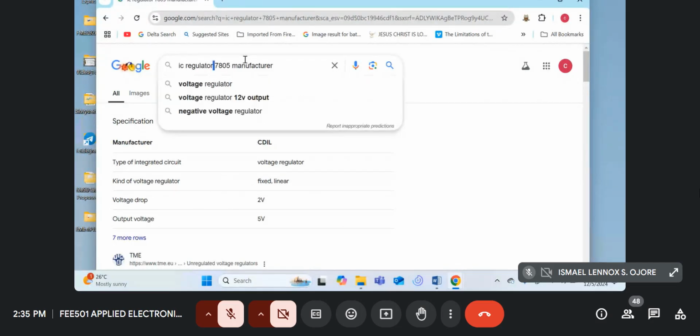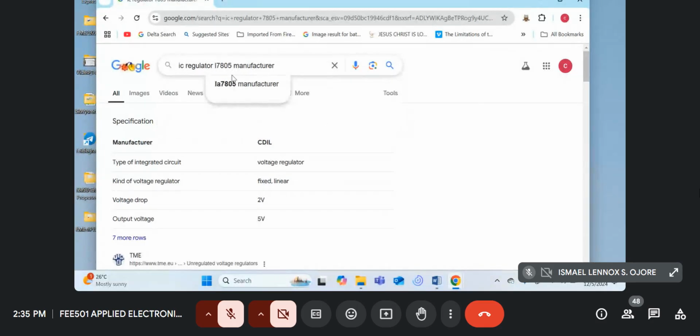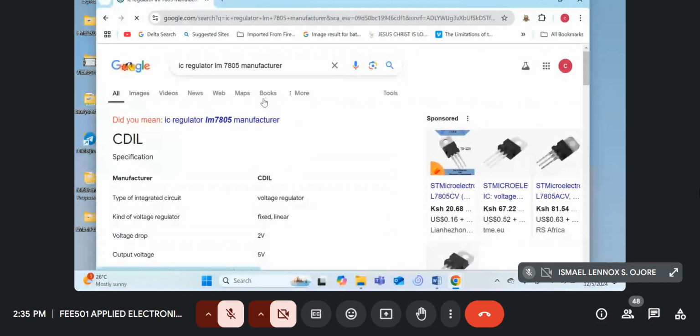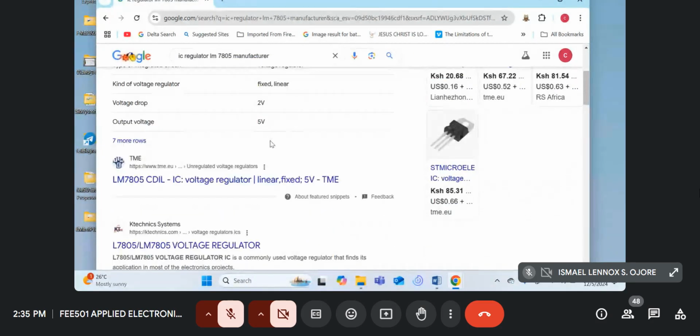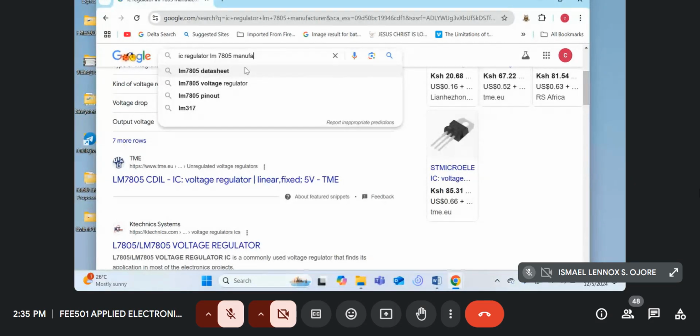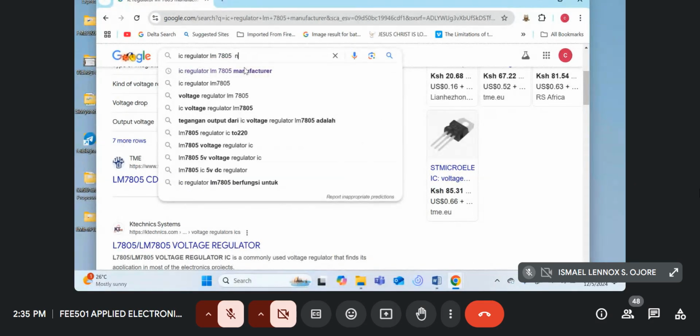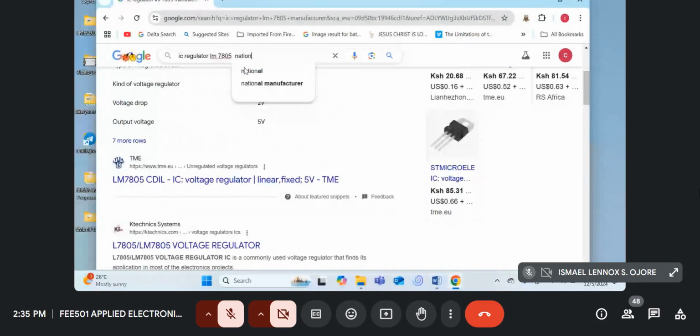Let me use LM here. And still CDIL. I don't know which company this is. Because the LM series I used to know, unless National Semiconductor collapsed. Let me just search with National Semi.